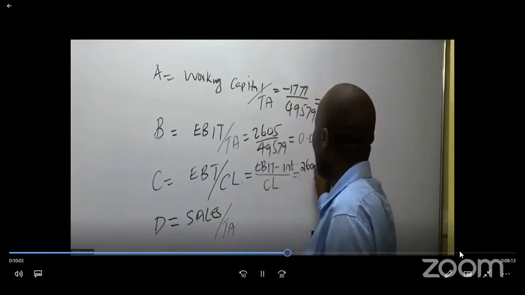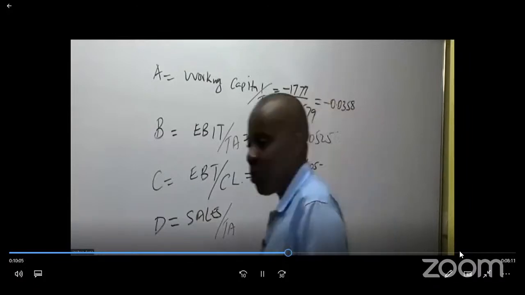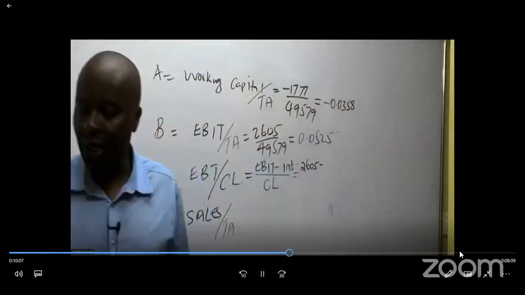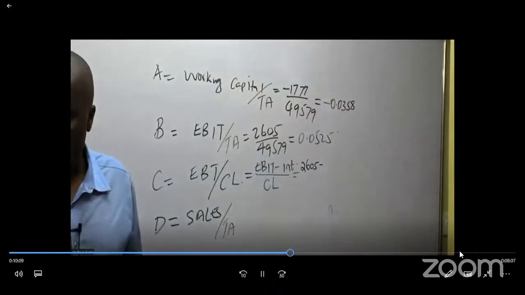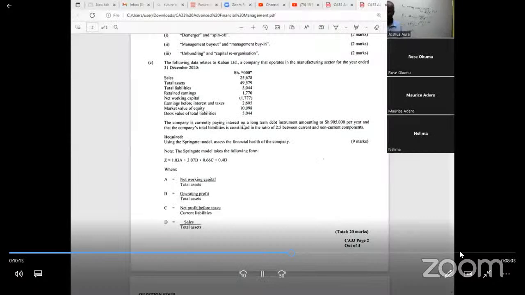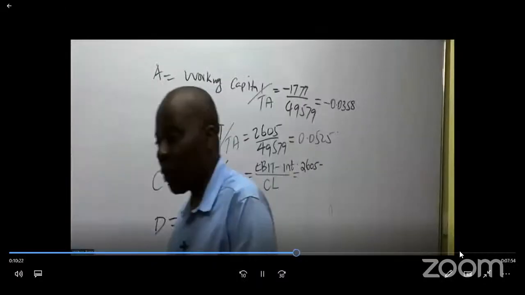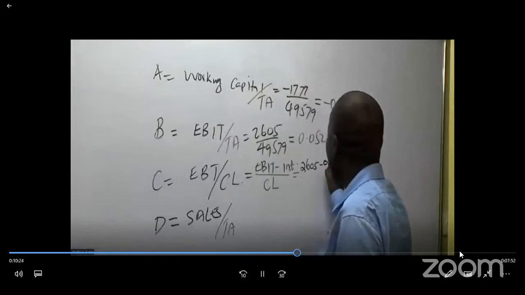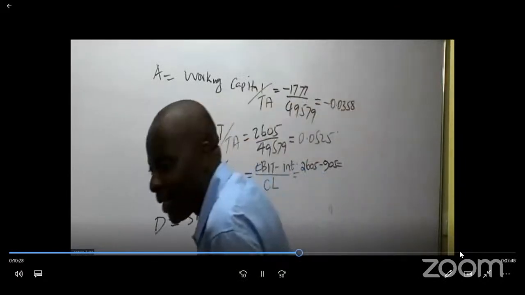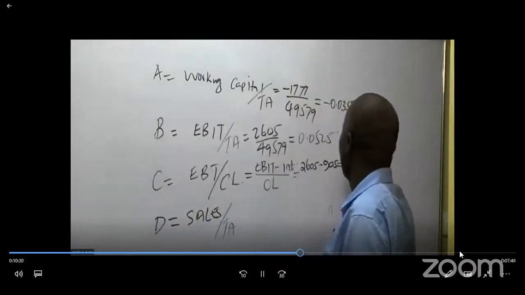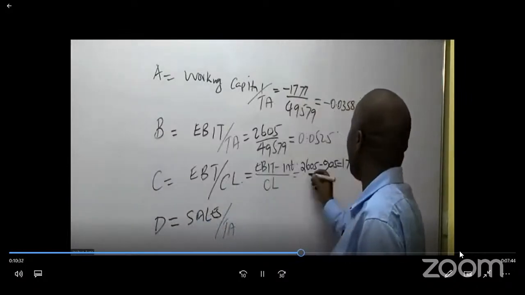Fortunately, we have the EBIT of 2605 minus the interest provided in the question. They told us the company is currently paying interest on a long-term debt instrument amounting to 905. According to Lynette and Maurice, they are getting 1,700.